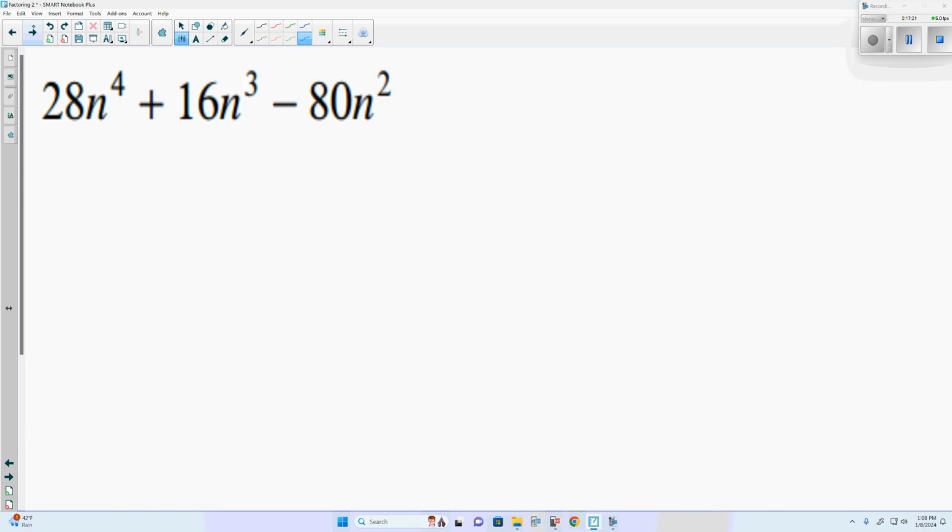All right. We're going to skip the next two and look at this one here. Looking at these three terms, is there a greatest common factor between them?